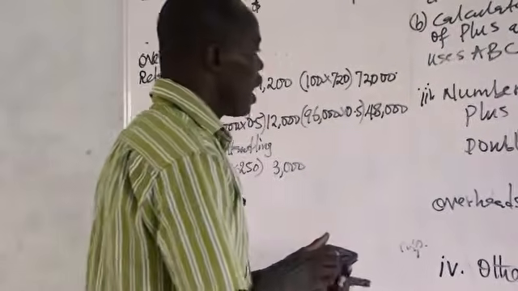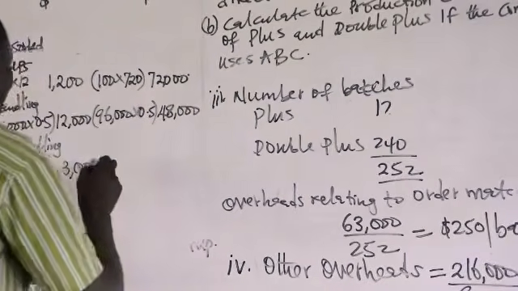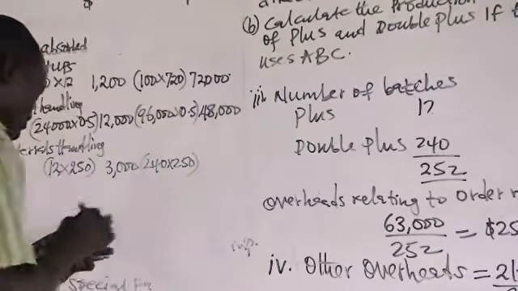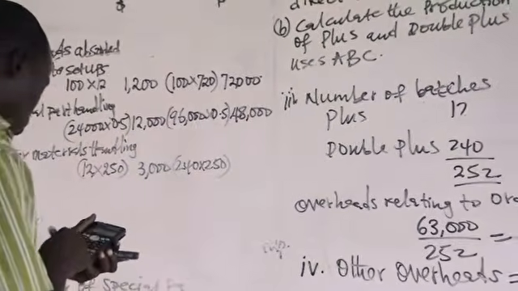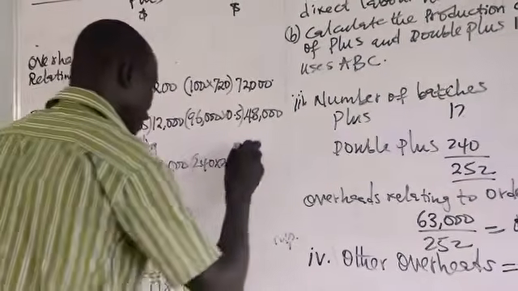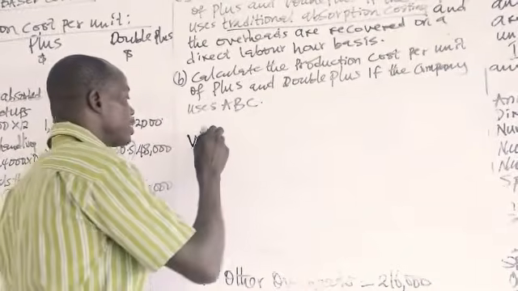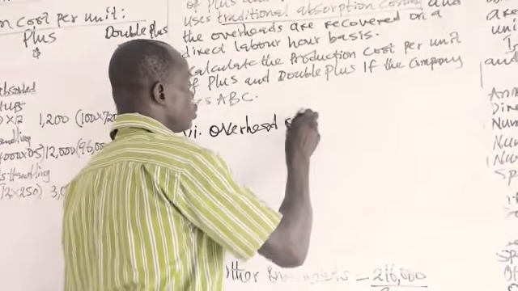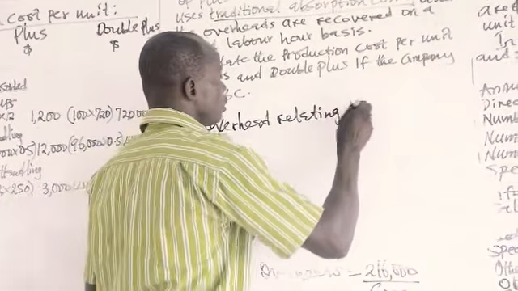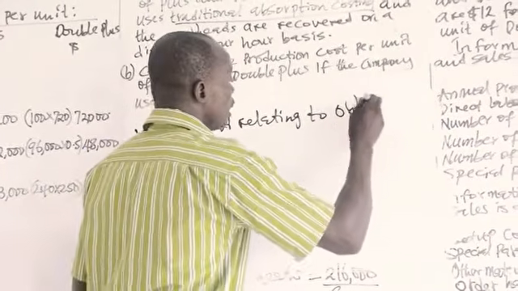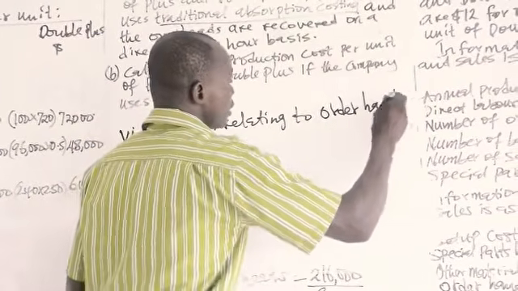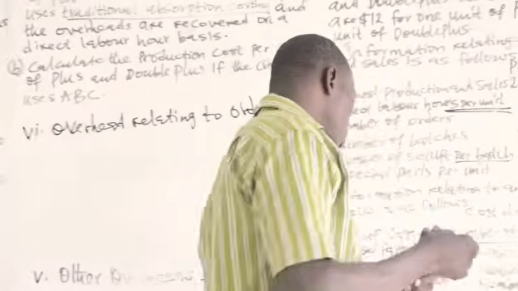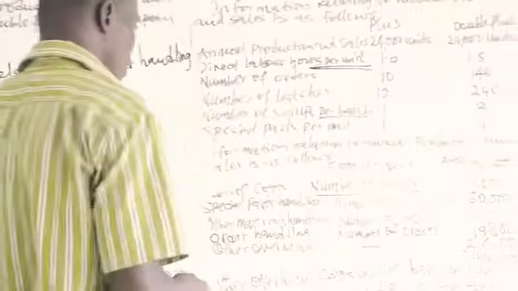The other one, we also have 240 batches. 240 times 250, that will give us 60,000. Overheads relating to order handling is 19,800.